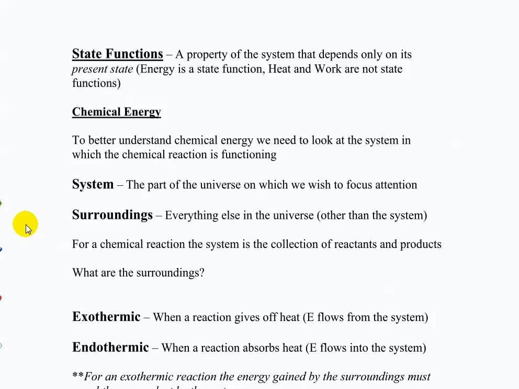The more general term is whatever you're focusing your measurement on is the system, and everything else is the surroundings. So for a chemical reaction, the system is the collection of reactants and products. What specifically are the surroundings in a chemical reaction? Rather than just everything else, what are the more direct surroundings that you might think of in a chemical reaction?